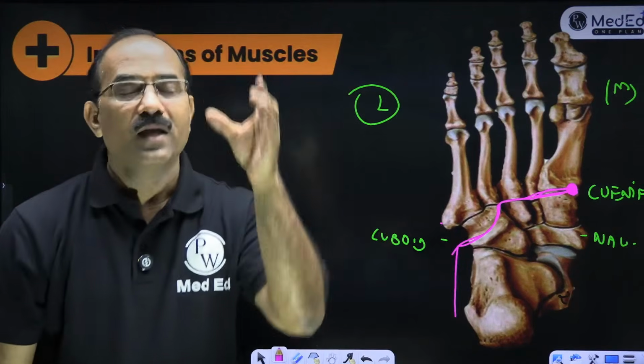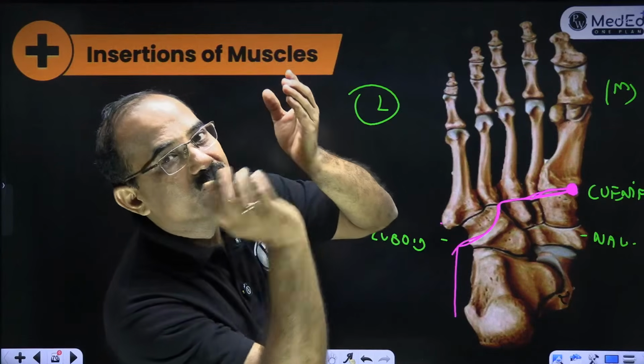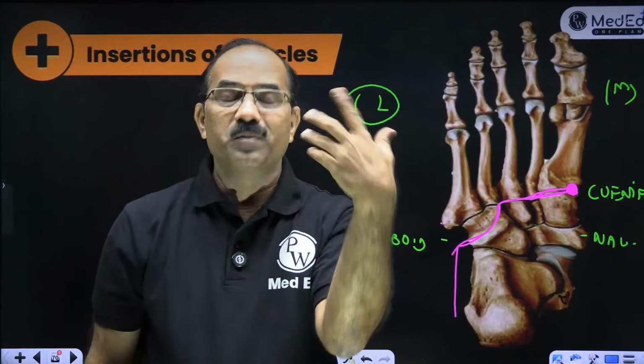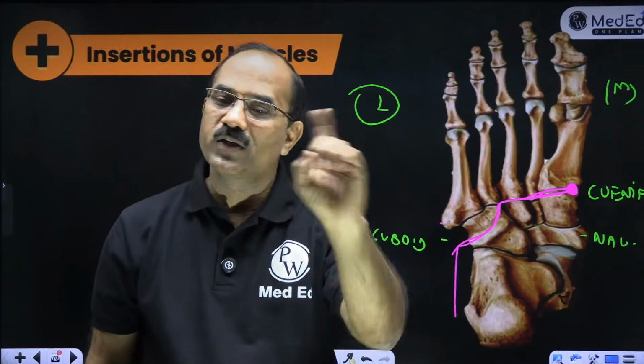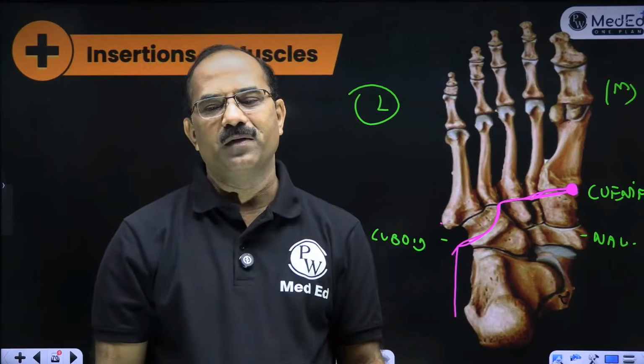Peroneus longus. When you see the bone, always look for the groove below the cuboid. And remember this groove is for which muscle? Peroneus longus. If you answer this, the examiner is very happy.